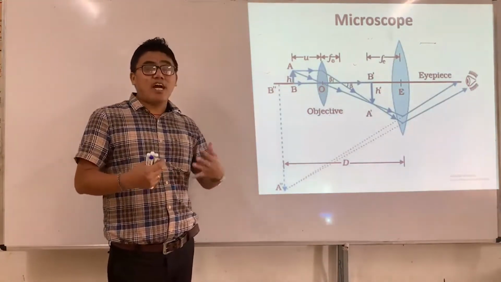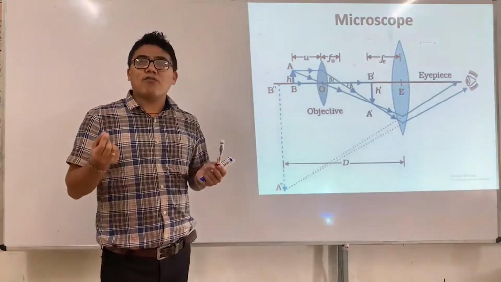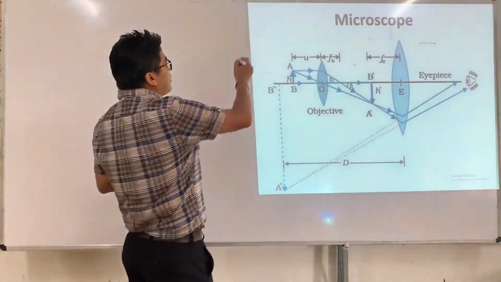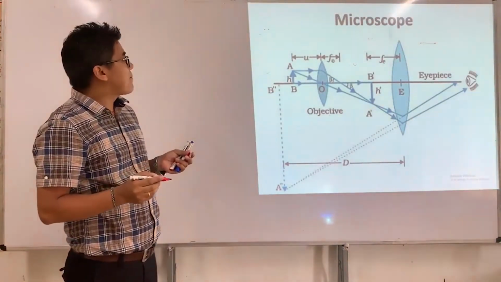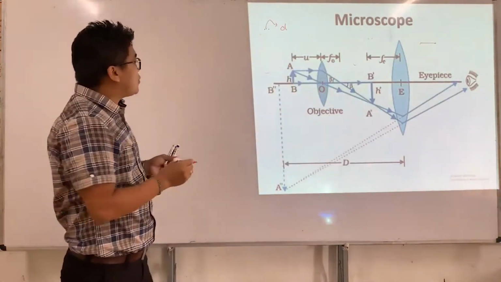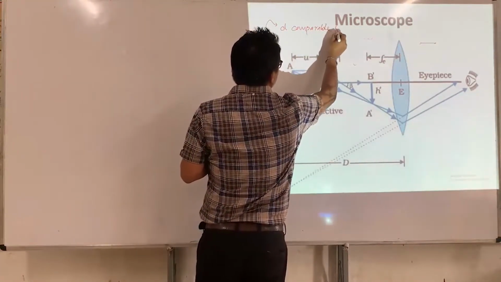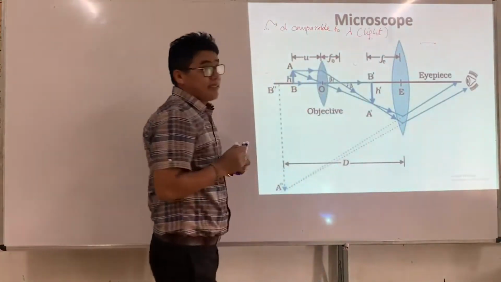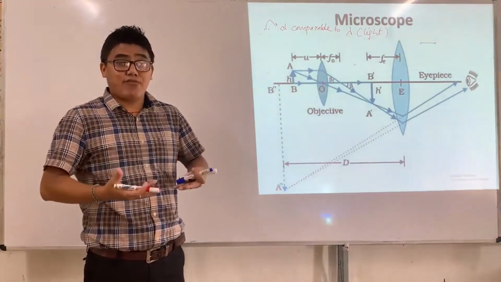Now you may come across when diffraction is significant. When I talk about microscopes, there are two tiny objects. If the distance between these two tiny objects, let's say d, is comparable to the wavelength of visible light, then diffraction is significant, and we notice diffraction.